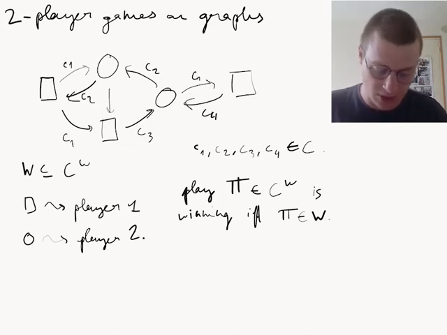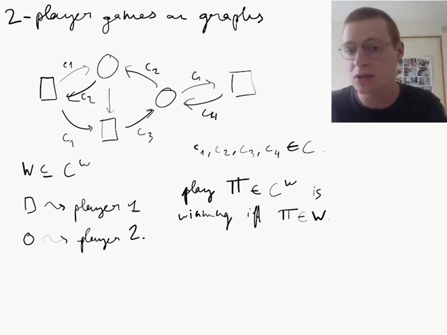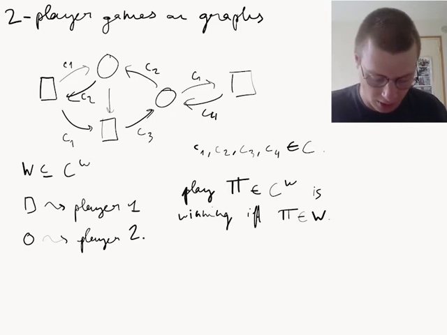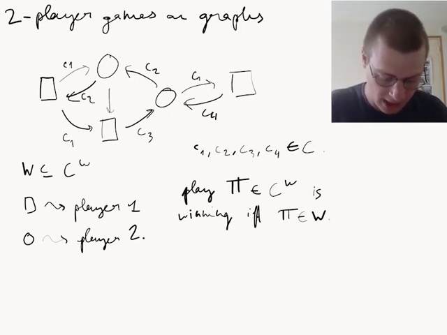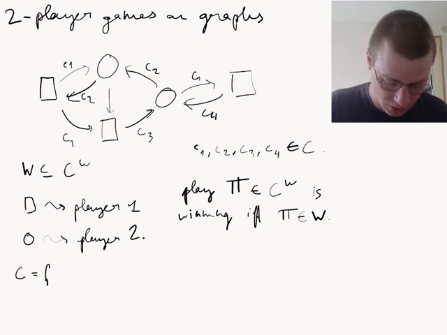Now let's do some examples of games. Maybe one of the simplest would be safety games. These are played with only two colors, so let's call them top and bottom.